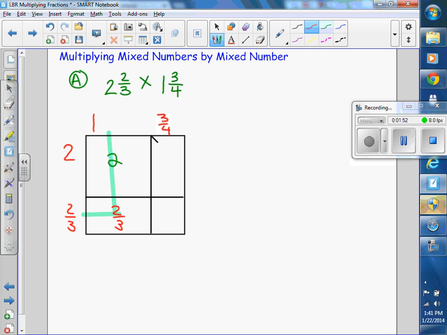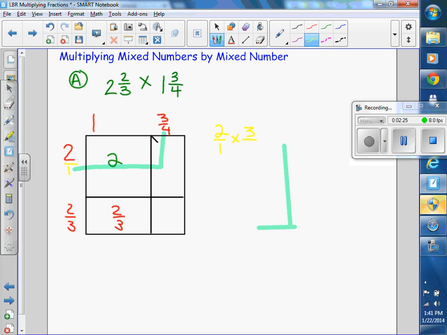Are we ready? Okay. And so then after you do 1 times 2/3, then you might have to do the next box, which could be 2 times 3/4. You have to get all 4 boxes, all 4 parts of the big area model. So if I did 2 times 3/4, remember you could do 2/1 times 3/4, or you could work it off to the side if you want.